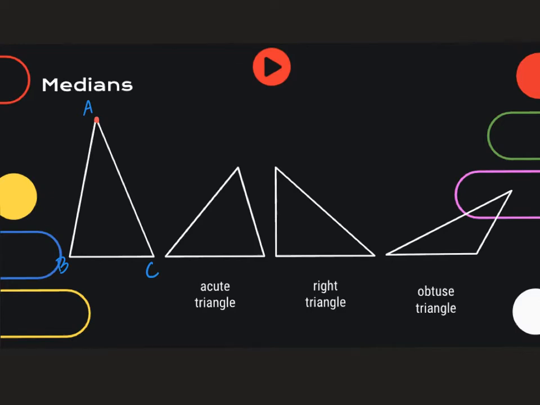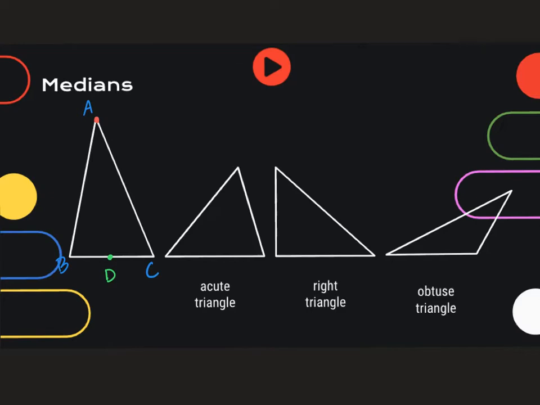Now notice our triangle has three vertices, A, B, C. But we're going to begin here at vertex A, and we are going to extend a segment all the way through the triangle to intersect the opposite side at its midpoint. So the midpoint of the opposite side would be here, and let's call that D.